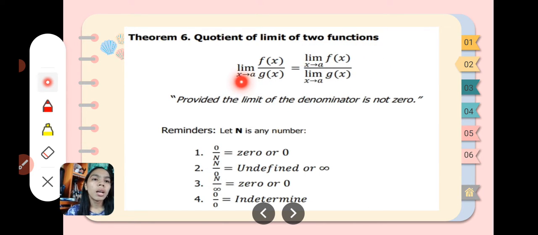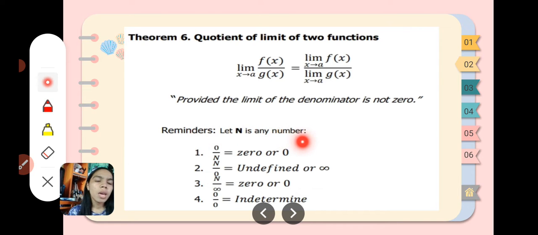So the limit of f of x over g of x as x approaches a, we also distribute the limit as x approaches a, so it will become the limit of f of x as x approaches a over the limit of g of x as x approaches a, provided the limit of the denominator is not 0.